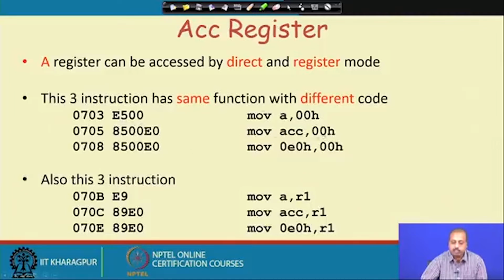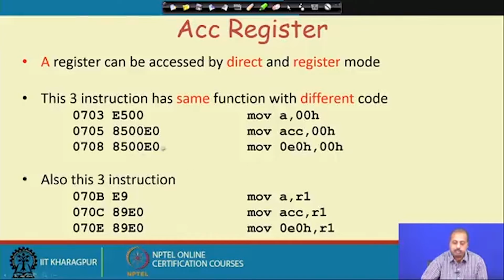Then MOV ACC, 00 hex is coded in a different format, 8500E0, and similarly MOV 0E0, 0A. This is also the accumulator, E0 being the address of the A register. So, all these are the same.